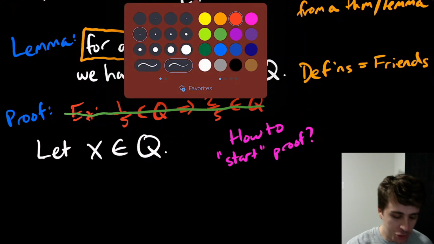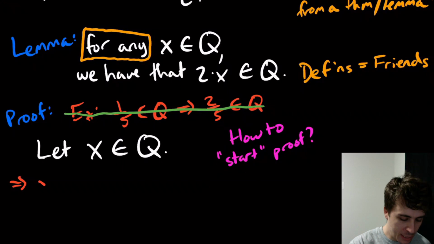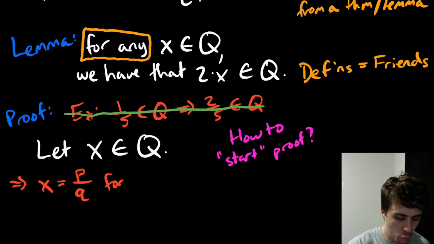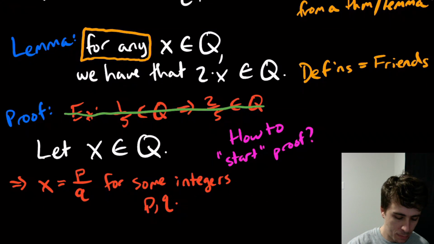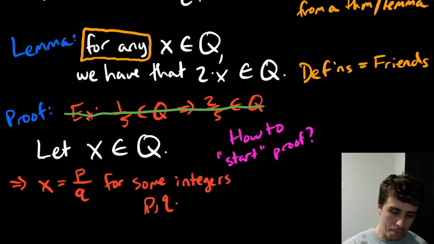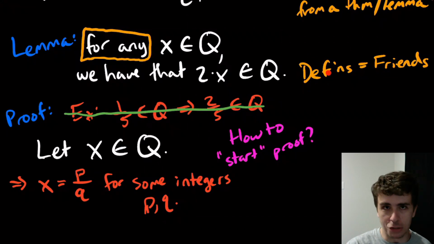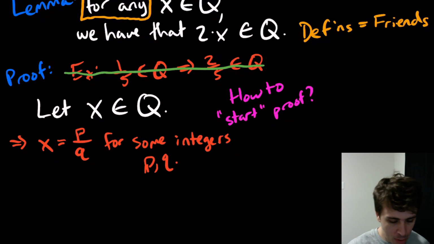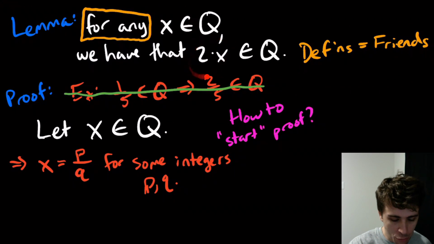That's what it means to be a rational number. So x is equal to p over q for some integers p and q. Now, appealing to the definition doesn't always work, but it very, very often is the right starting point at least. Okay, well, now we just have to figure out whether 2 times x is in Q.